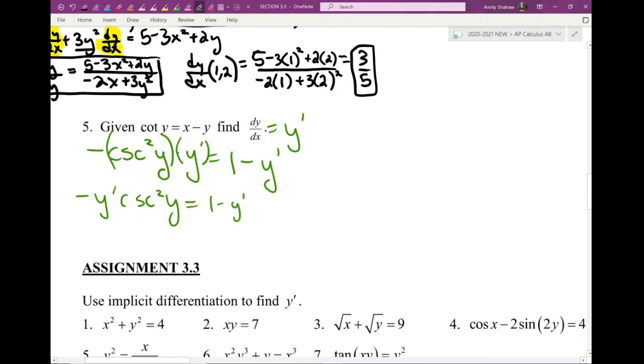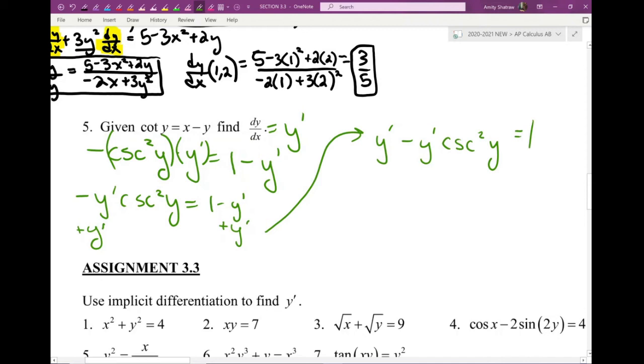Now that it looks a little bit better for me, I'm going to add y prime to both sides, and I will see then that I end up with a y prime minus y prime times cosecant squared y, and that equals 1.